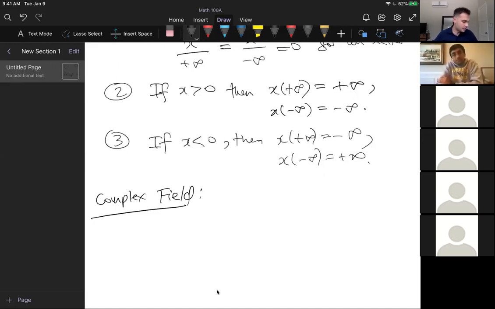So for the complex field, the definition.